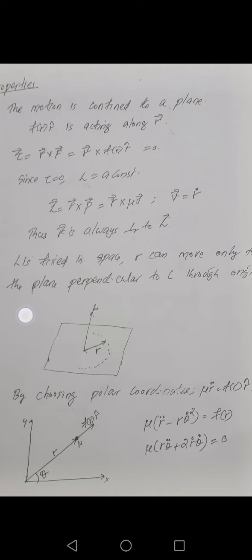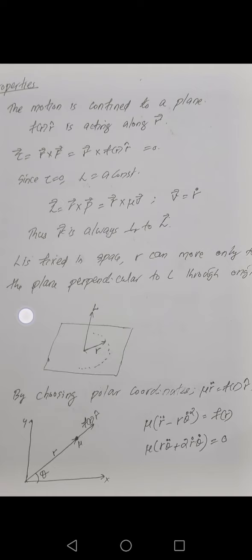Therefore I can choose polar coordinates for this problem. So this equation in polar coordinates has two components, the radial component and the tangential component, that is in the r cap and in the theta cap. Remember, in central force motion there is no tangential component, only the radial component exists.